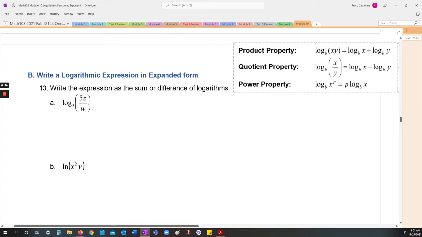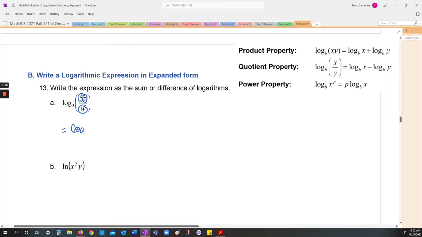This one is a quotient, but we also happen to have a product in the numerator, and so you might be comfortable applying both of those properties at the same time. So we're going to have log of 5 plus log of z minus log of w.